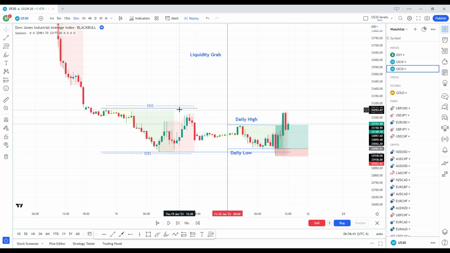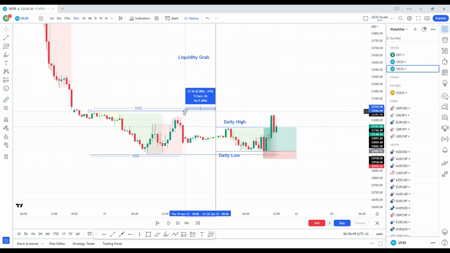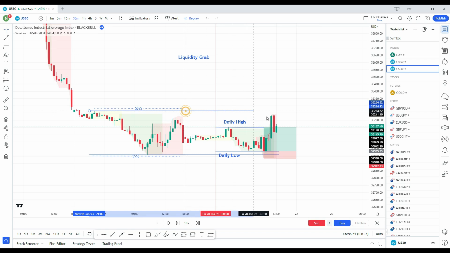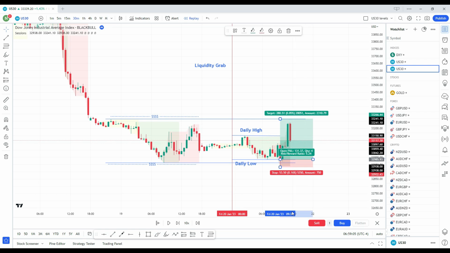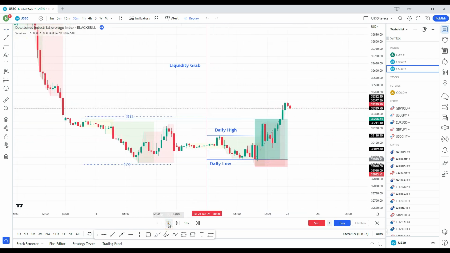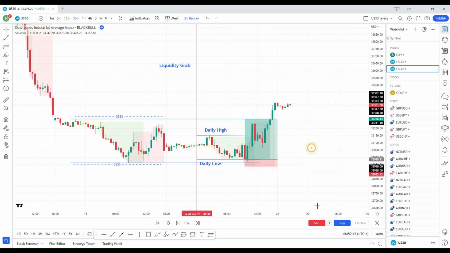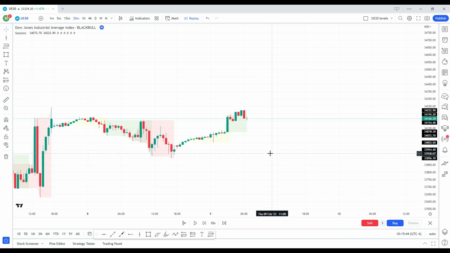The second target will be yesterday's high. That was perfect.